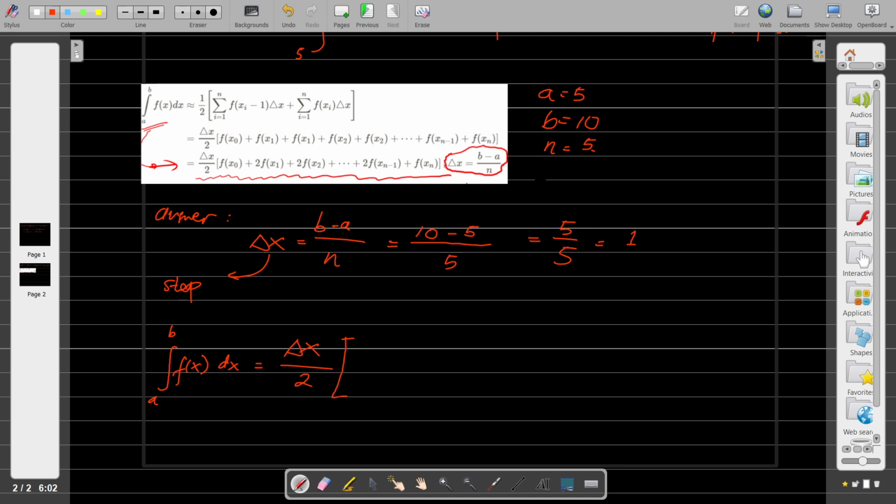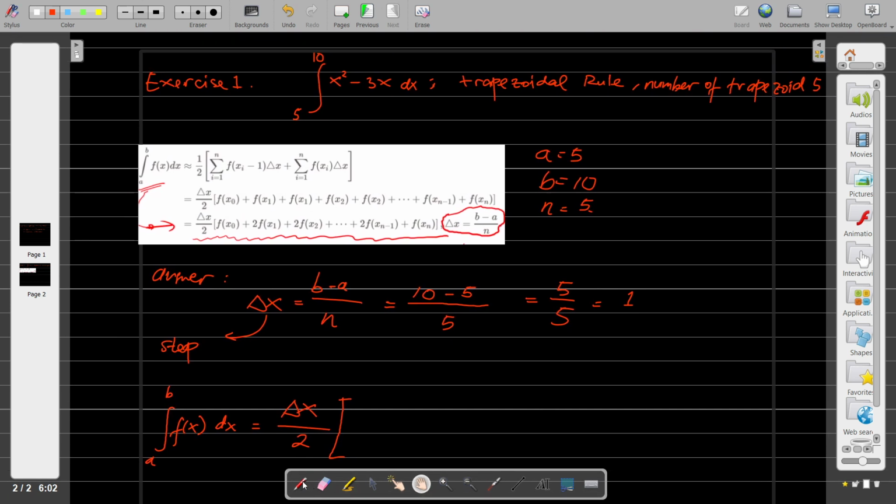Because the number of our trapezoids is 5, n is equal to 5, and as we can see, from f(x0) until f(xn), so it must be f(x5). So we have to write down the function of x0 to the function of xn.